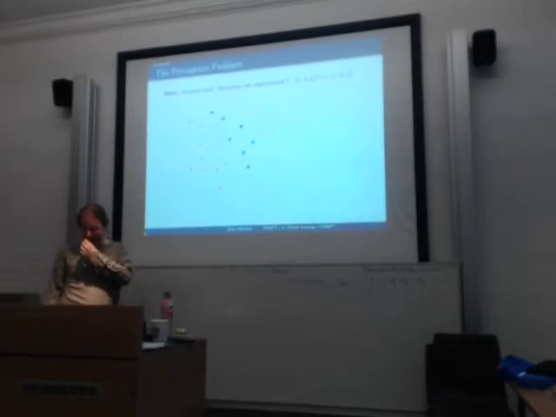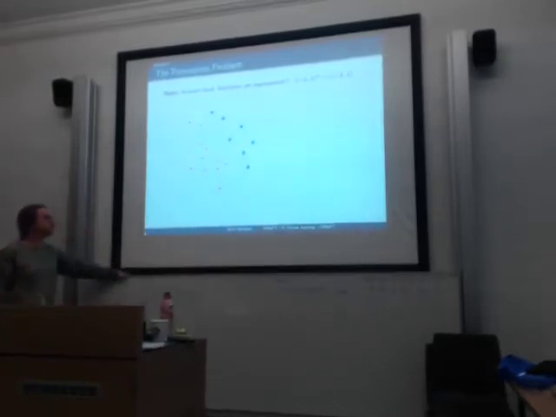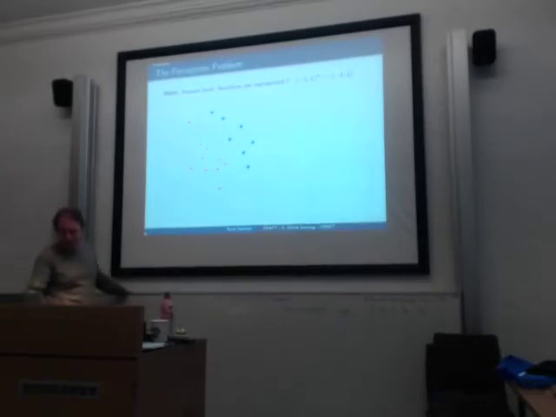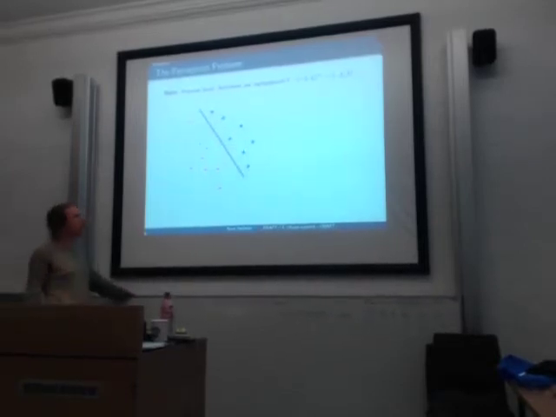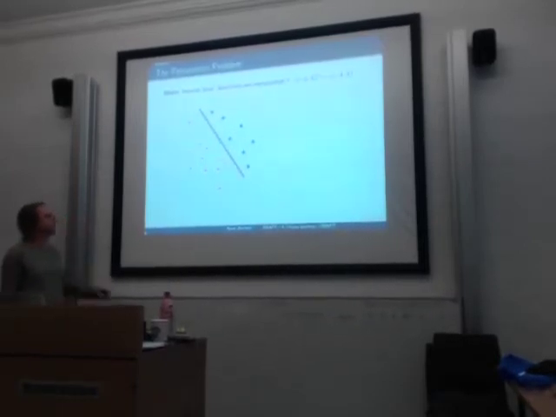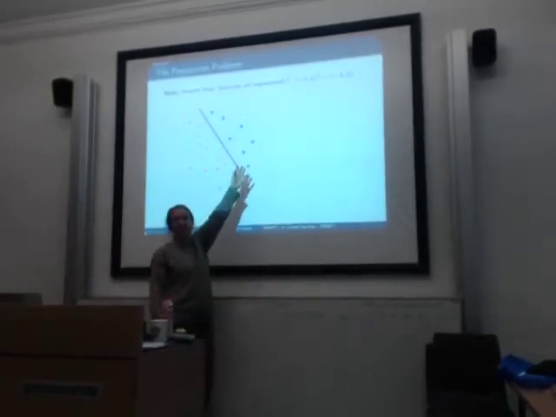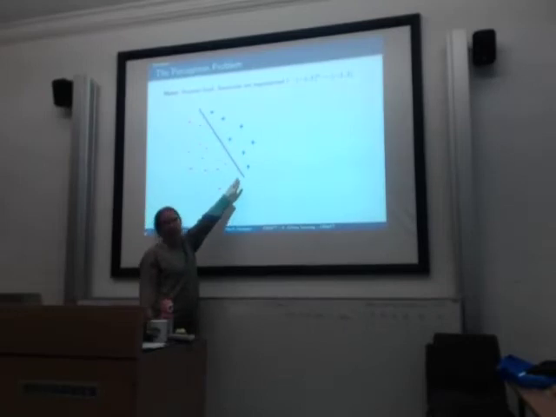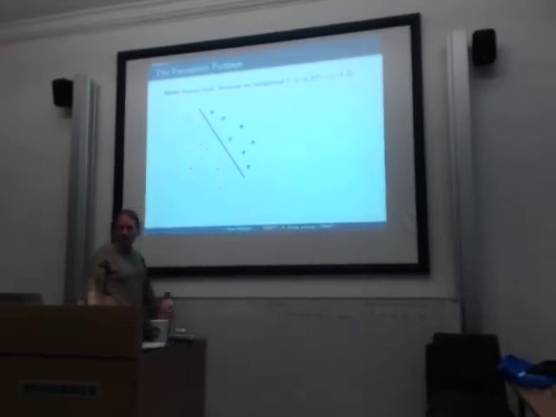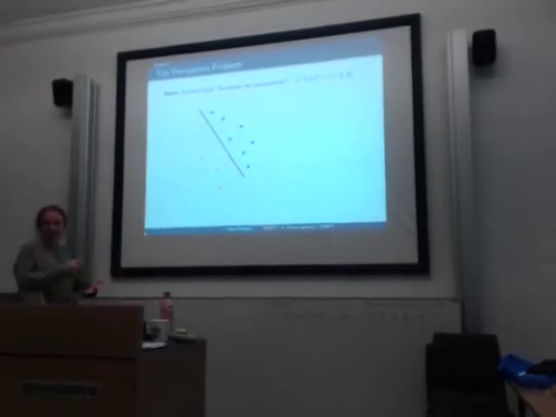So let's look at how the Perceptron algorithm works. The idea is we have some instances of data, some negative instances, some positive instances, and they're separated by some line. And we want to learn a line that classifies them perfectly.